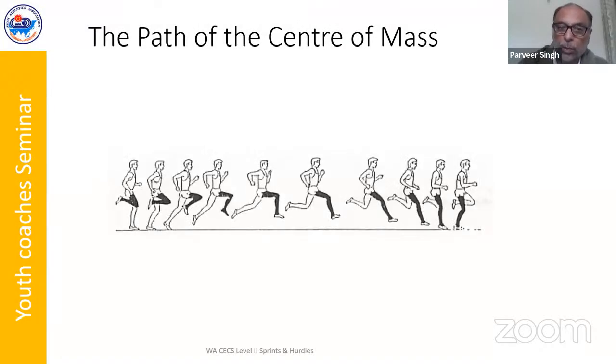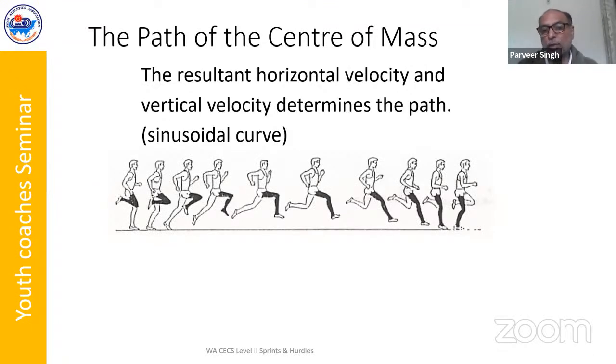So the path of the center of mass is the resultant of the horizontal velocity and vertical component, as I mentioned, which determine the path of the center of gravity of a runner. In the flight phase it is slightly higher, and at the time of touchdown it is down.